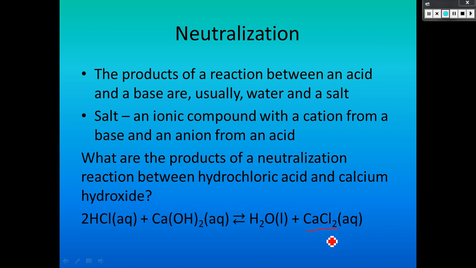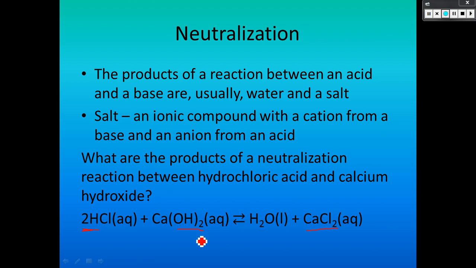Okay, so on your properties of acids and bases worksheet, initially I had one that was a salt, and that's where that came from, because originally that table was label it acid, base, or salt, but I hadn't taught you salts yet. One of the things to notice here is the H plus ion, and notice there's 2 moles of it, and here's the hydroxide, and notice there's 2 moles of it.